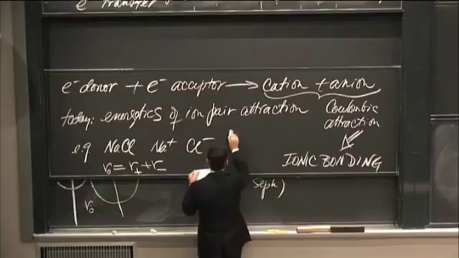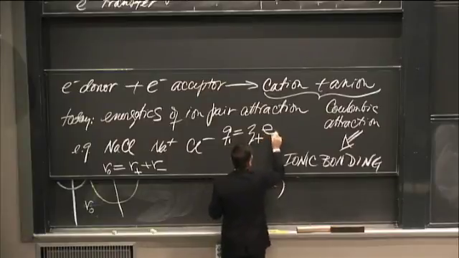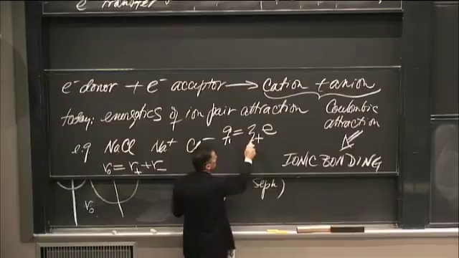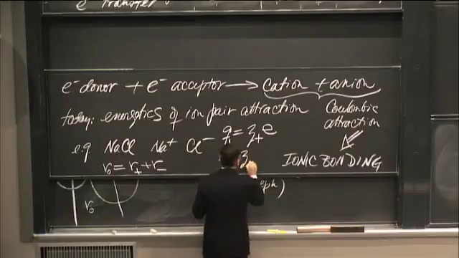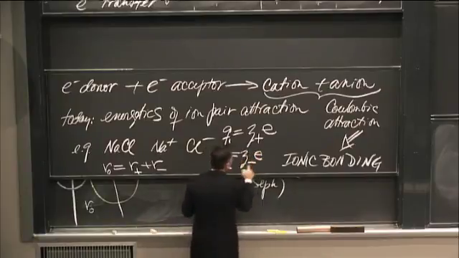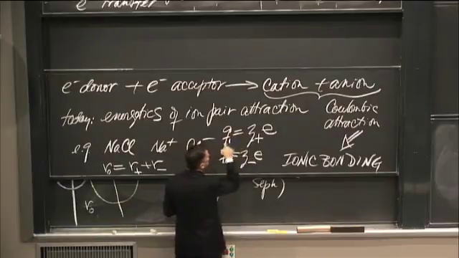So Q1 is equal to Z, the valence on the sodium, times the elementary charge e. The charge on the sodium is +1, so it's +1 e, and Q2 is going to equal the charge on the chloride times e. In this case, the chloride ion is -1, so Q2 is minus e, Q1 is plus e.